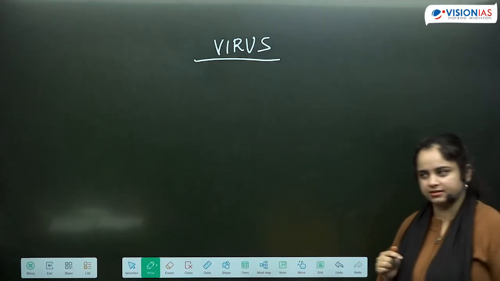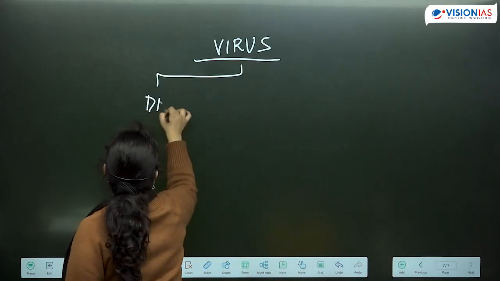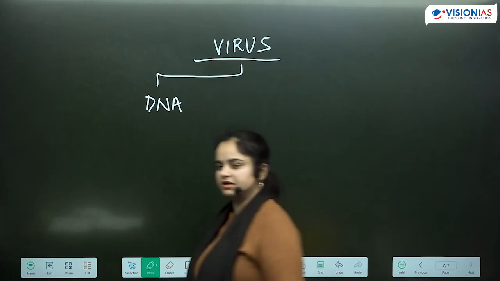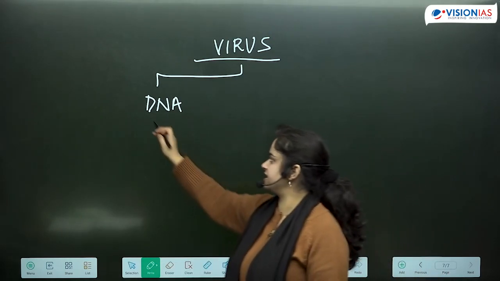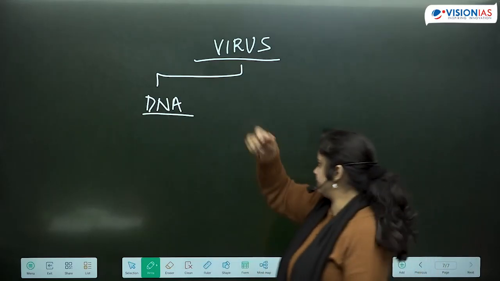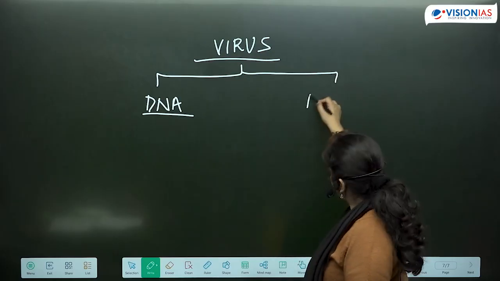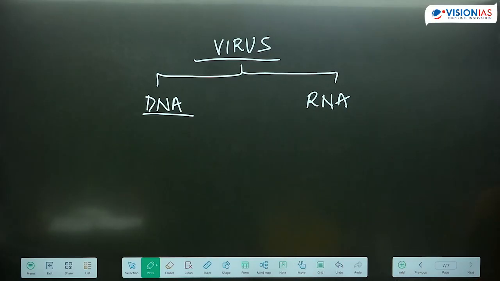For viruses, we see that they have two types of genetic material. You can have some viruses who have DNA as their genetic material, just like all the other organisms, just like we have. But we can also have viruses with RNA as their genetic material.